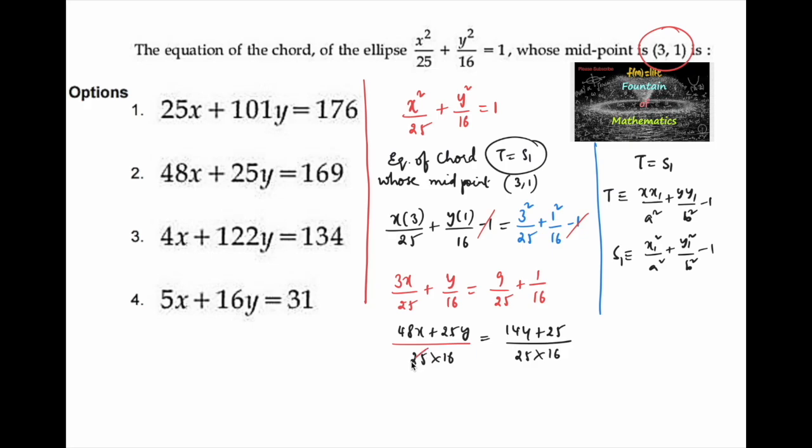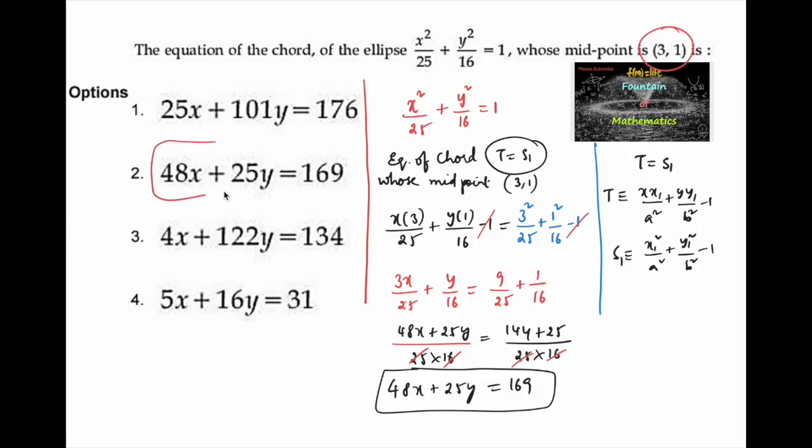So the denominator 25 into 16 gets cancelled on both sides. And here we can write 48x plus 25y is equal to 169. So which is our option B. So second option, 48x plus 25y is equal to 169.